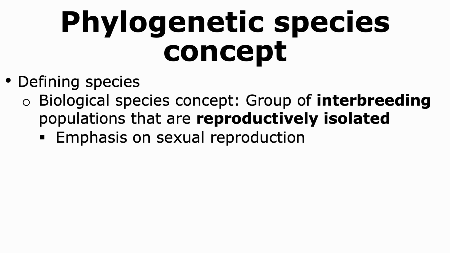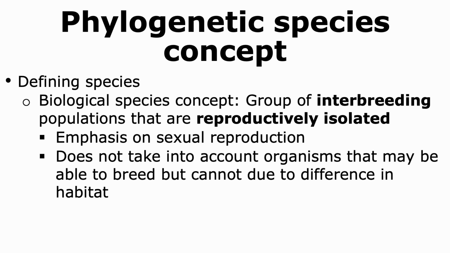There are many organisms that do not utilize sexual reproduction, and hence classifying them into their appropriate species becomes difficult with the biological species concept. Additionally, it does not take into account that we could have organisms that are able to breed with one another but cannot because they are present in different habitats and hence have been considered as different species for now.